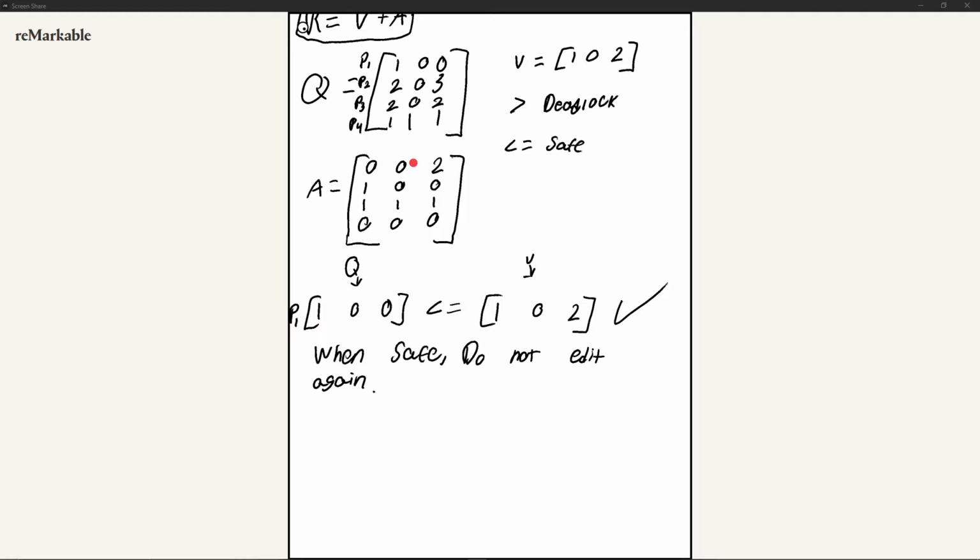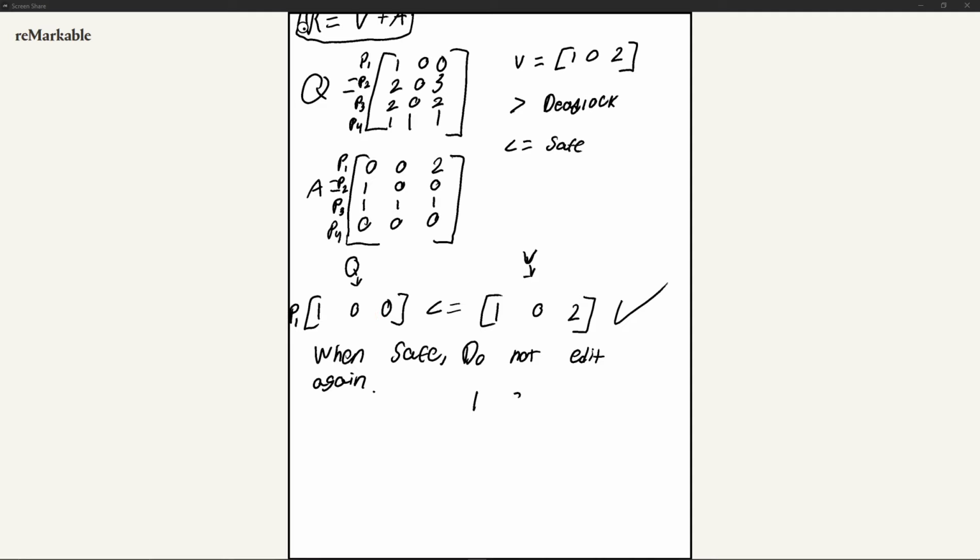Now we have to see how many resources it is going to take up, and that's what our allocation is here, labeled the same, P1, P2, P3, P4. So now we take our V and we update it. We change V, because the available resources have changed since this process is executing.